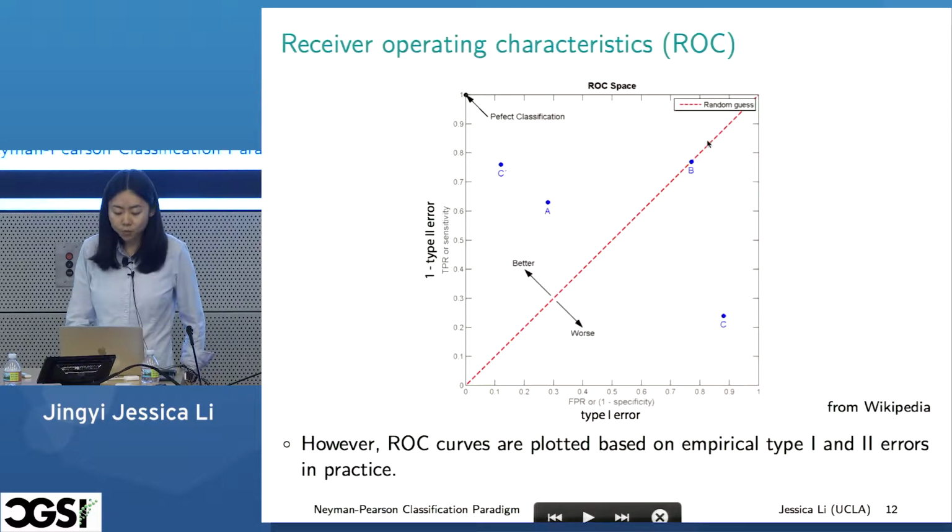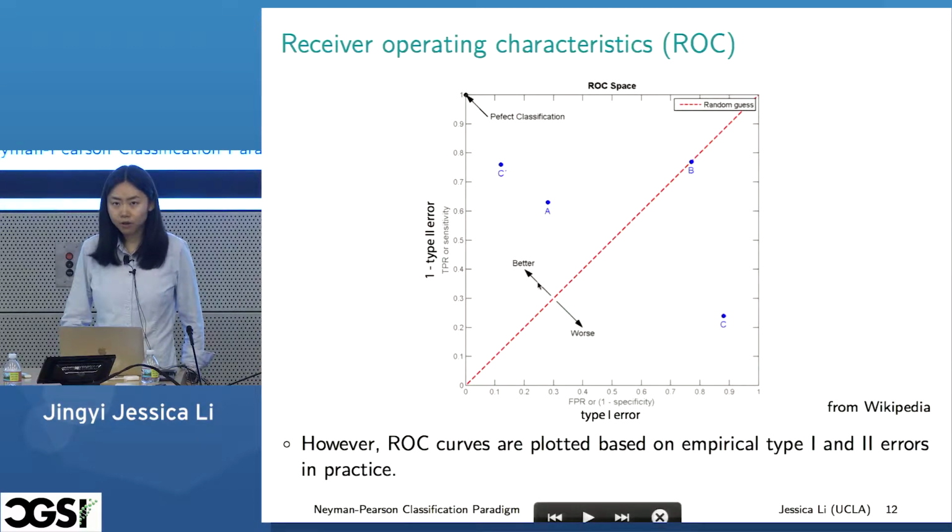But the point I want to make here is that when we plot an ROC curve, we have to use empirical type 1, type 2 errors because there's no way to directly observe the population type 1, type 2 error unless we can observe the whole population, but that is not realistic. So I'm going to show you an example that if you directly use ROC curve and directly target an empirical type 1 error to be alpha, you will not achieve population type 1 error control.